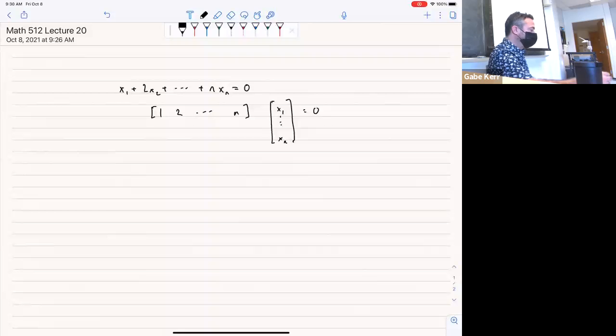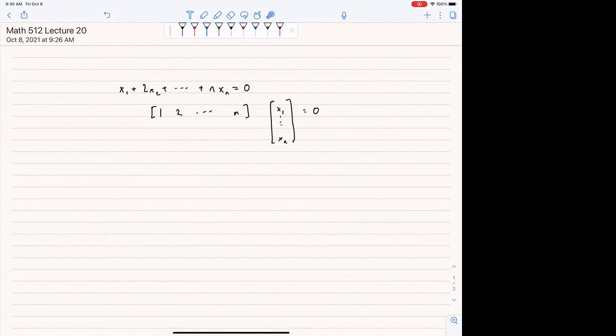This is going to be a null space of this matrix equation. And now that we have it, although we didn't have it last time, you can think about the rank nullity theorem. You can think of this matrix as being a linear transformation from Rn to R.